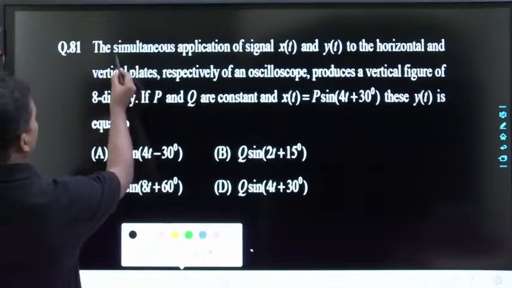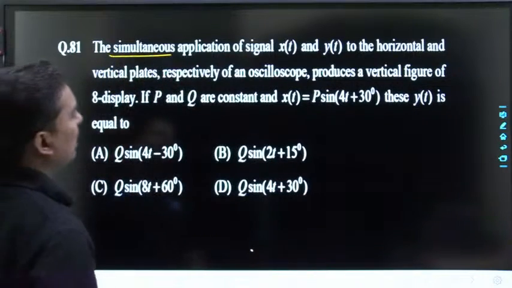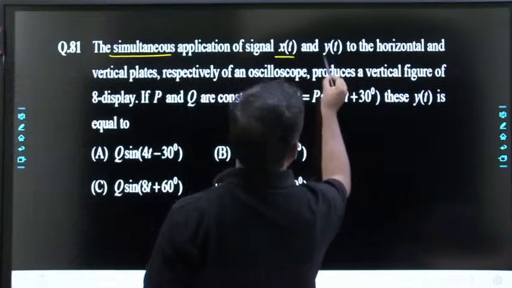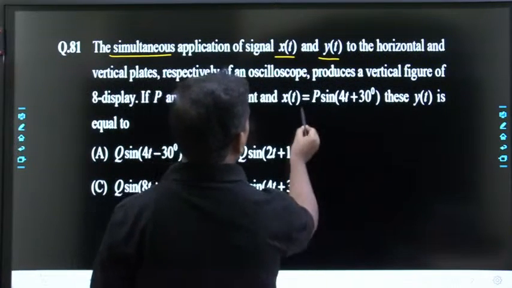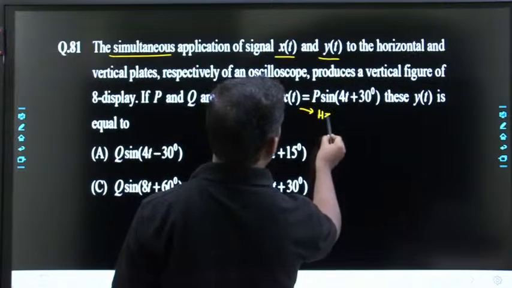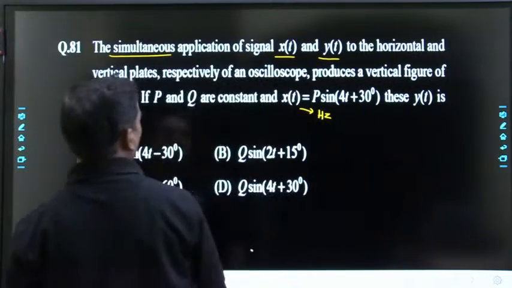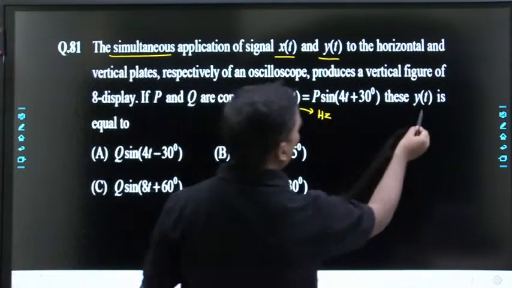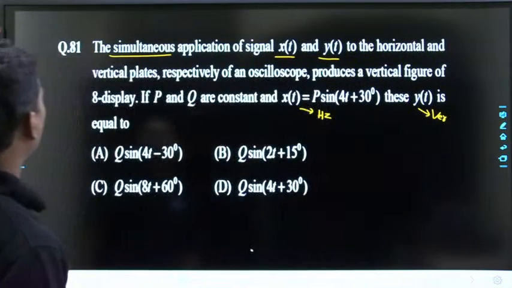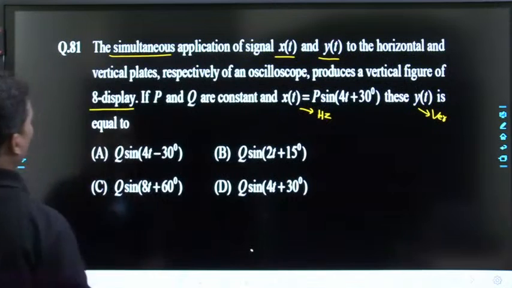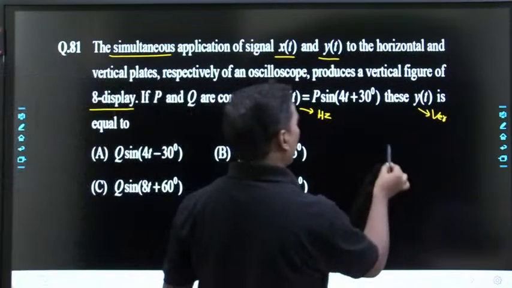The simultaneous application of signal x of t and y of t to the horizontal and vertical plates. So x of t is for horizontal, y of t is for vertical plates. It produces a vertical figure of 8 display.